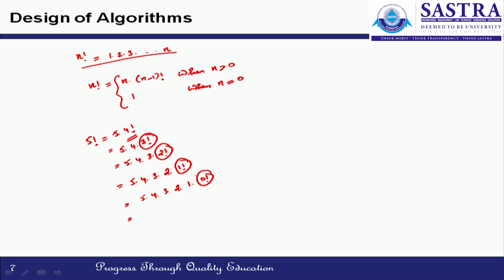When the actual parameter n becomes 0, n factorial is 1, so 0 factorial returns a value 1, so that recursion terminates here.